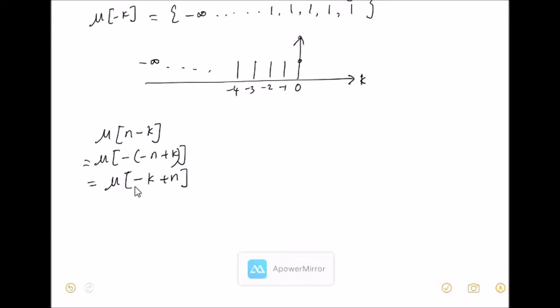If you look at this, minus k plus n is actually like a shifting, and this one is like a folding. So we can illustrate minus k plus n like this.